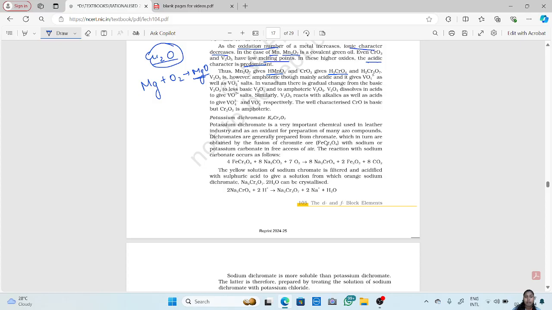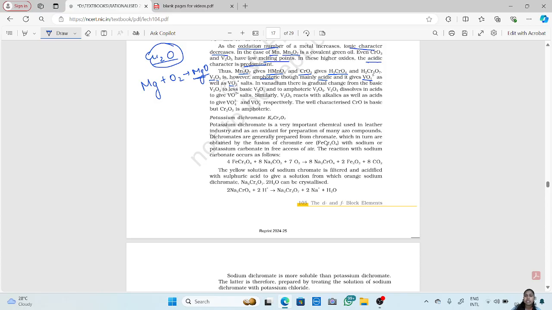However, V2O5 is amphoteric, though mainly acidic, and it gives VO4 3- as well as VO2+ salts. So these are the molecules which are formed by Mn2O7 and CrO3, whereas V2O5 is an amphoteric molecule. Amphoteric means you get a negative ion and you also get a positive salt. That's why it is an amphoteric molecule.